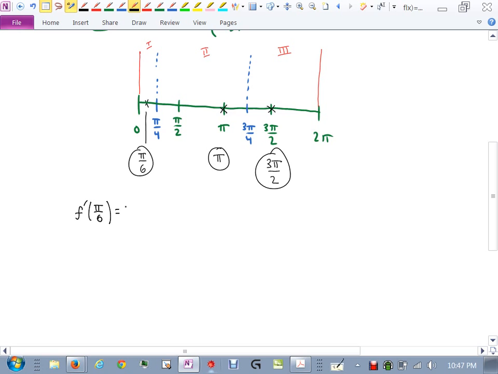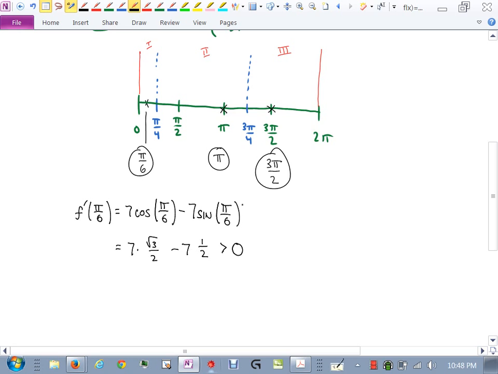Well, that means I want 7 cosine pi over 6 minus 7 sine pi over 6. Cosine of pi over 6 is square root of 3 over 2, minus 7 times sine of pi over 6, which is 1/2. And if you figure out what this number is, you'll determine that it is a positive number.